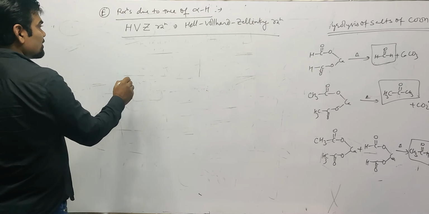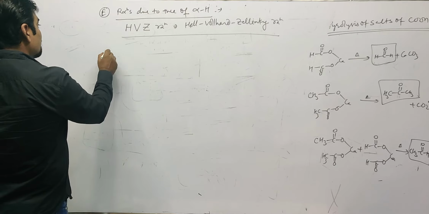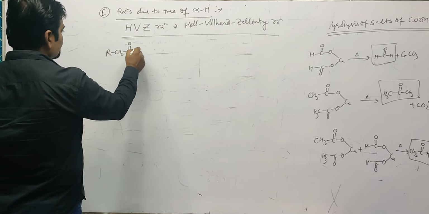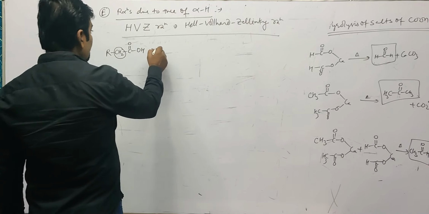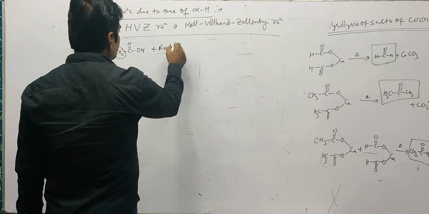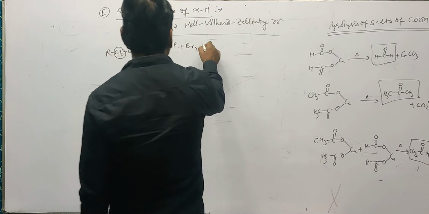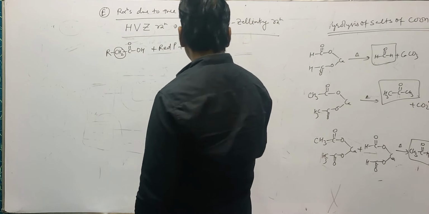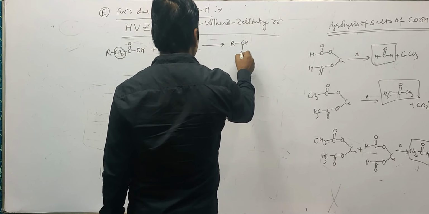What is this? When a carboxylic acid, RCH2COOH, containing at least one alpha hydrogen is treated with red phosphorus and a halogen, maybe bromine or chlorine or iodine, it forms the corresponding alpha halogenated acid.